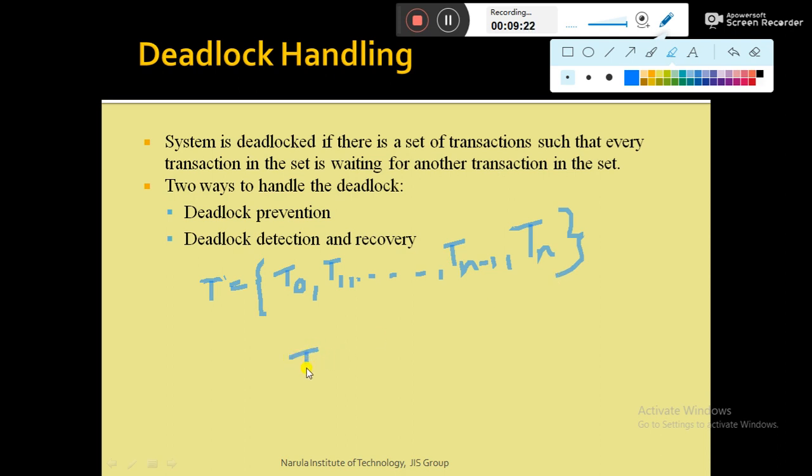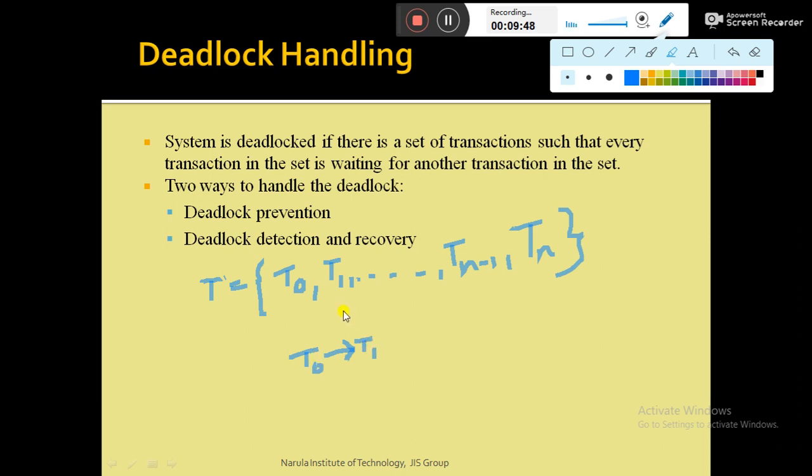Suppose T0 is waiting for a particular data item which is already held by transaction T1. We can represent it that way: an arrow towards T1 means T0 is waiting for T1. Why is it waiting?